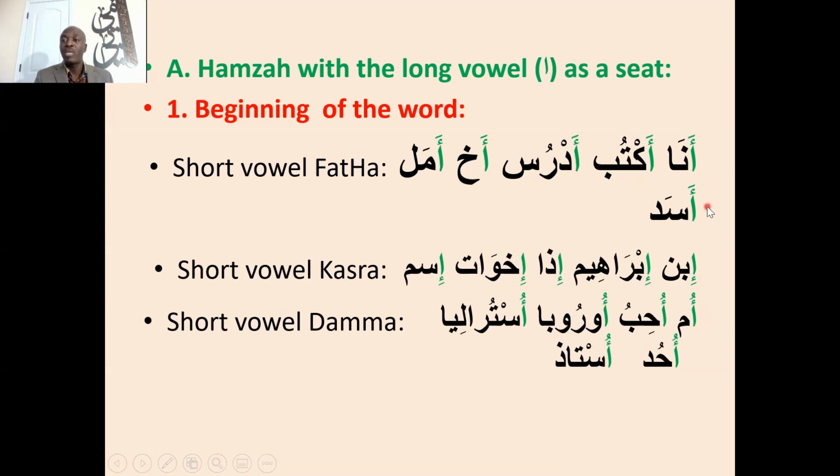We place the hamza and the diacritic, the fatha and the dhamma on top of the alif, and we place the diacritic on top of the hamza. In terms of the kasra, we place the hamza underneath the alif, even though the alif here is as a seed, but we place it underneath and put the kasra underneath the hamza. So that is with reference to the hamza sitting on the long vowel alif.